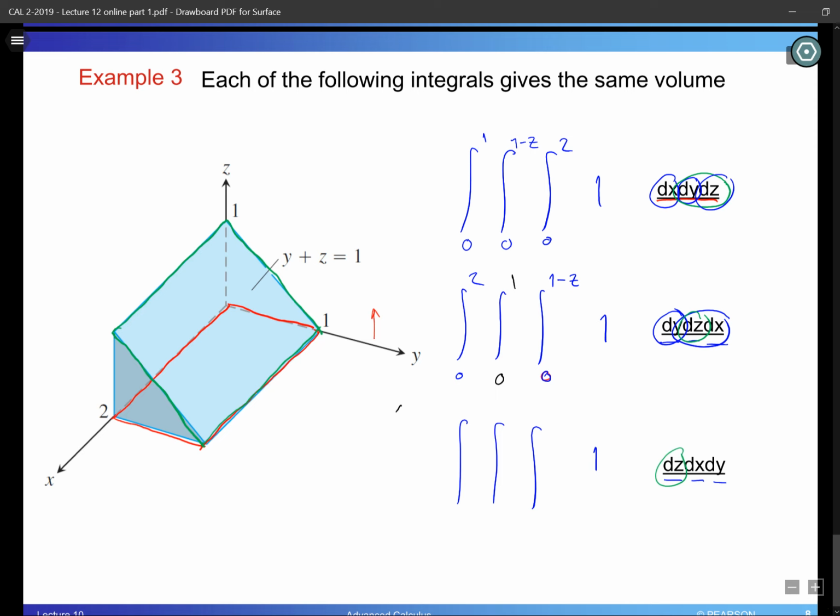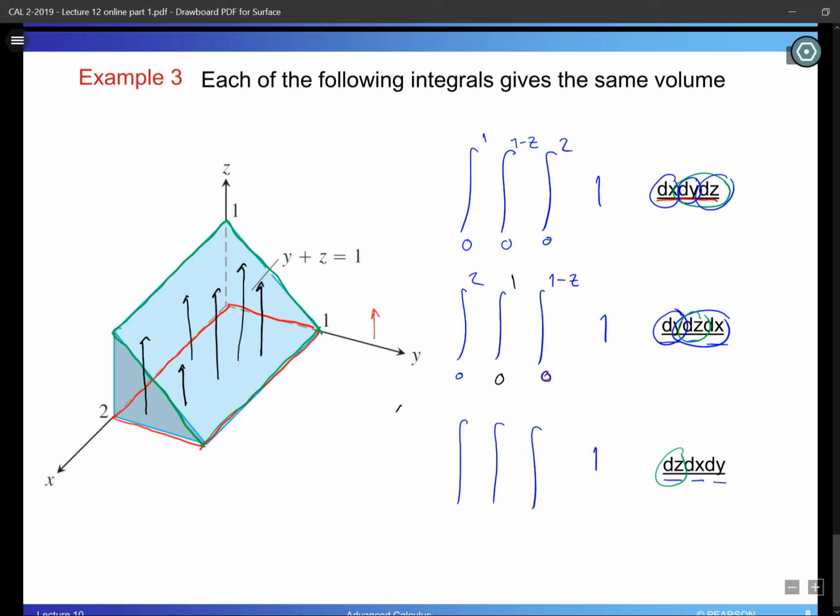And the sweeping of z is going to look like this, from the bottom surface to the upper surface, going up, and ends at the slanted surface, going up like that. That is z sweeping.